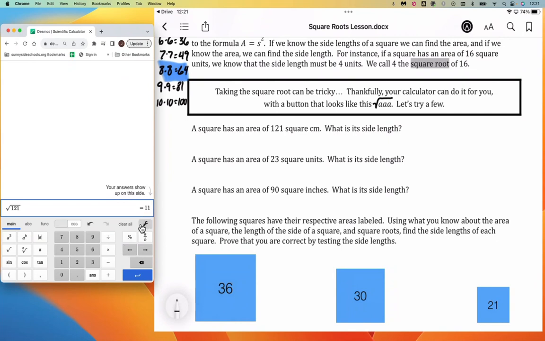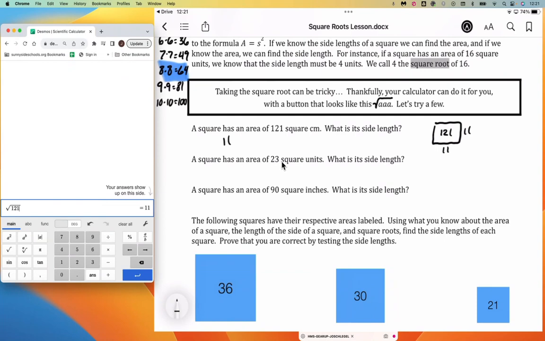It's going to give me 11. So if we had a square that had an area of 121, the two side lengths would be 11. Another way to say that is that the square root is 11. So again, the square root is the side length of a square with a certain area.